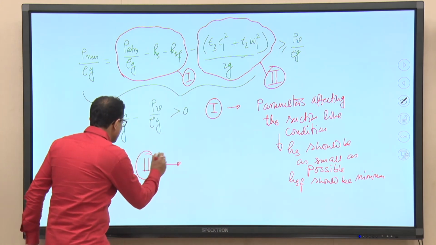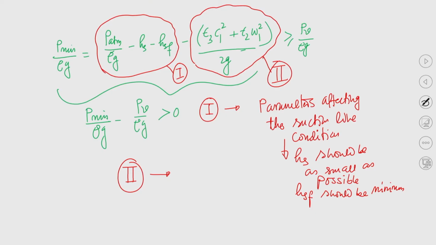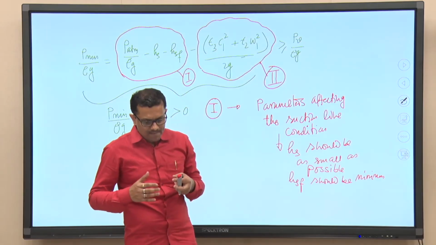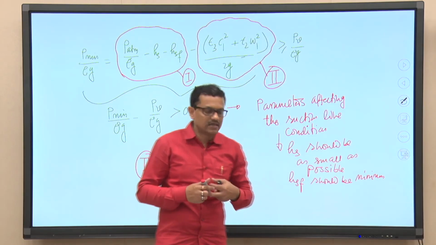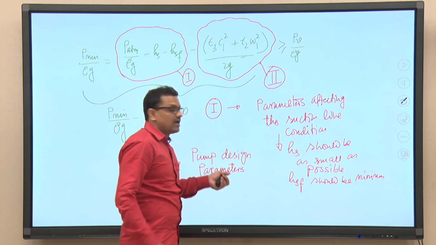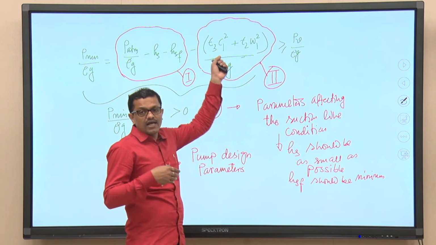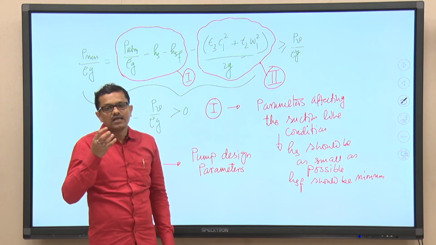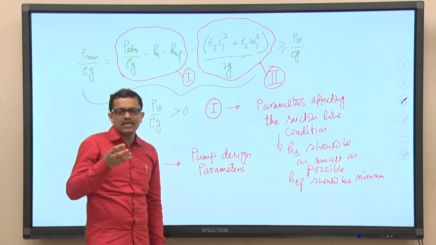Now, point 2, which is C1 square plus W1 square. This is the pump design parameter. So, pump design parameters, you can see C1 and W1, the absolute velocity and relative velocity.